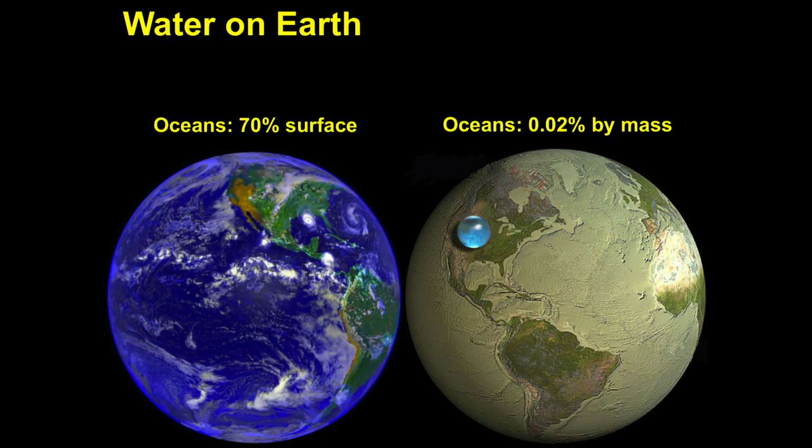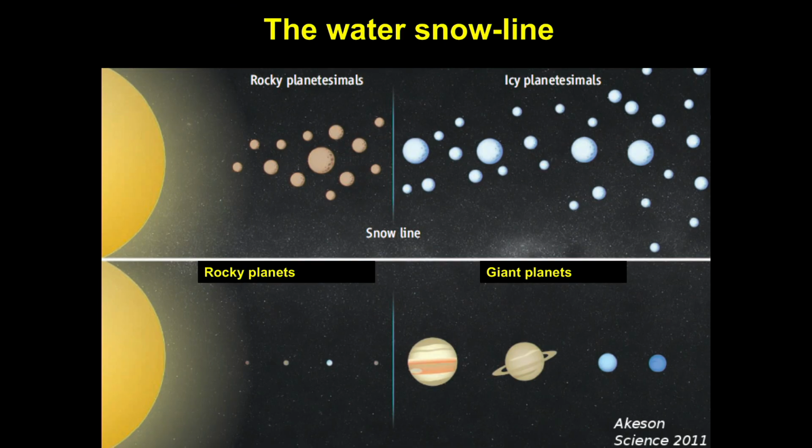We are used to thinking that there is a lot of water on Earth because 70% of the surface is covered by oceans, but in reality, the mass of the oceans represents only 0.02% of the mass of the planet. And this is because, again, the rocky planets form from dry planetesimals.